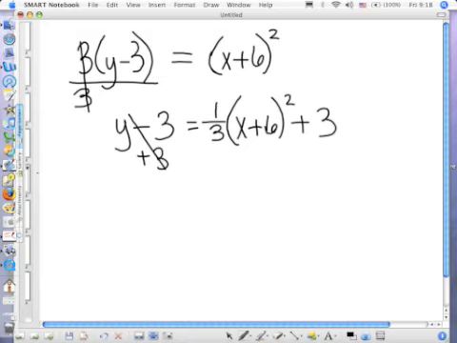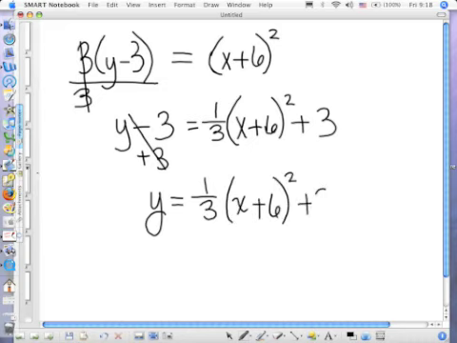You could have distributed that, but you'd have made life a whole lot harder on yourself. And it's in vertex form. Which direction does this parabola open? What's the vertex? -6, 3.